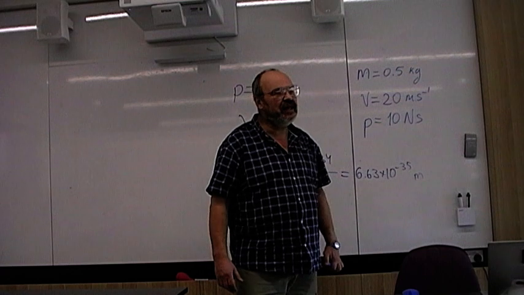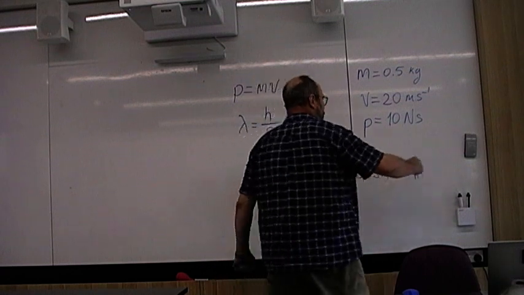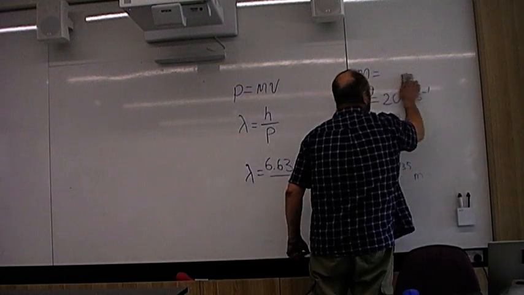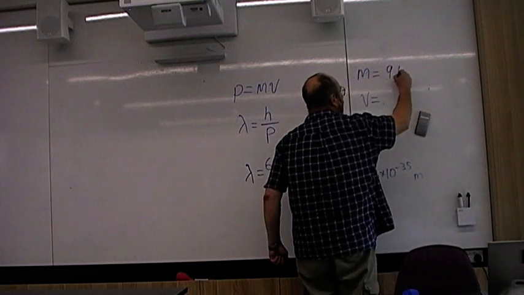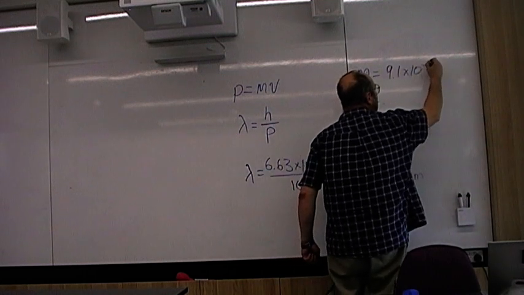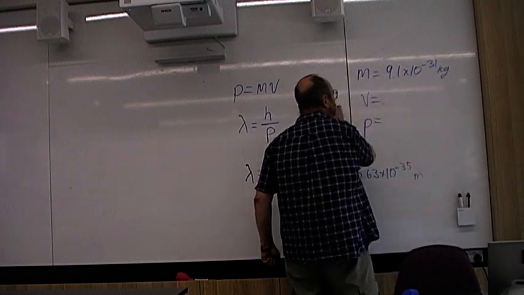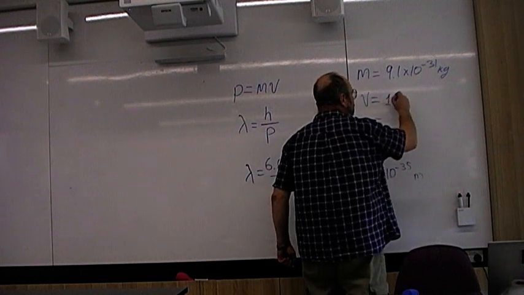Let's calculate the wavelength of an electron. The mass of the electron is 9.1 times 10 to the negative 31 kilogram. Let's say the electron is moving at 1000 meters per second.